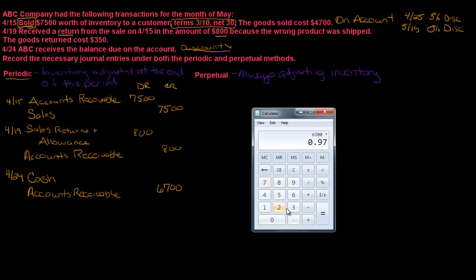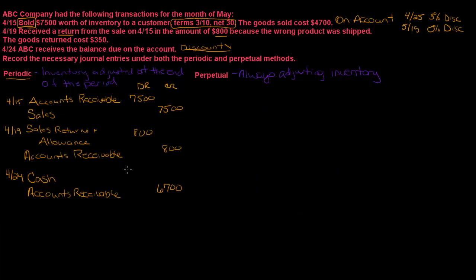Instead of taking the amount times 3% and then subtracting that from 6,700, I'm just going to do 97%, because that's how much we're going to get paid. So we're going to get $6,499. So that is a $201 discount.